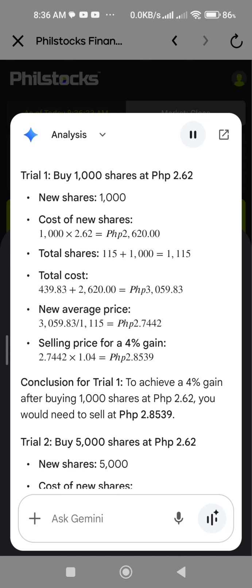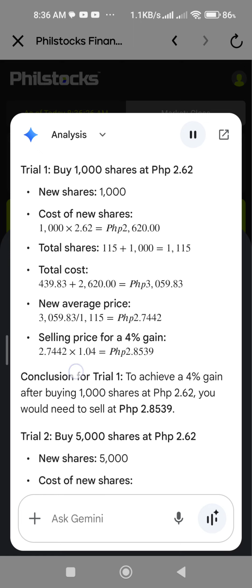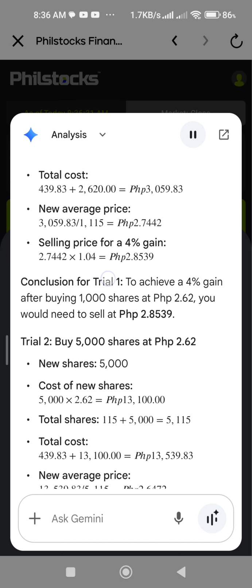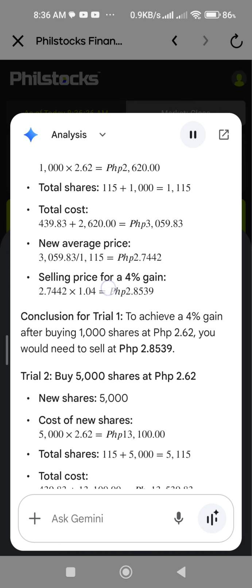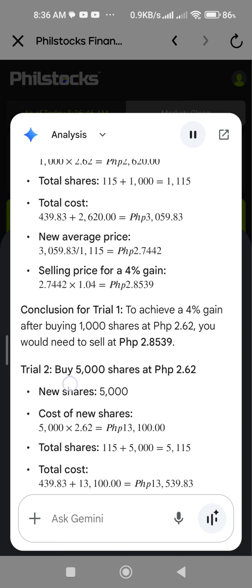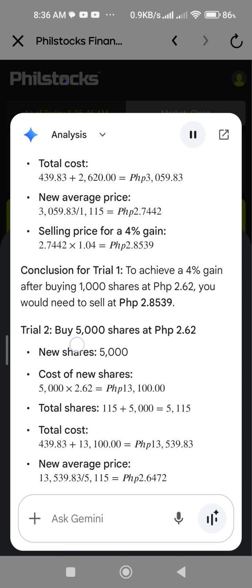Trial 1. Buy 1,000 shares at PHP 2.62. New shares: 1,000. Cost of new shares: 1,000 times 2.62 equals PHP 2,620.00. Total shares: 115 plus 1,000 equals 1,115. Total cost: 439.83 plus 2,620.00 equals PHP 3,059.83.